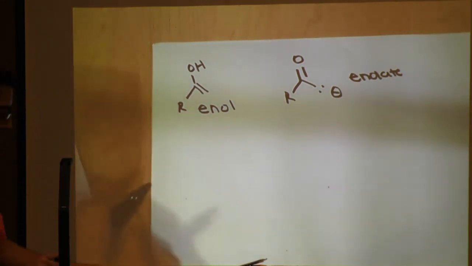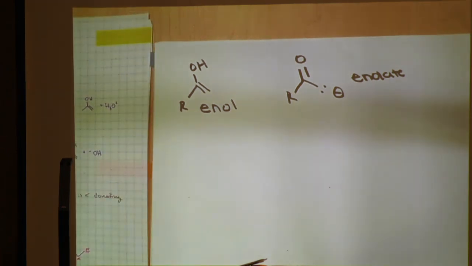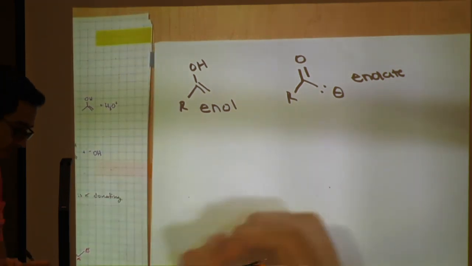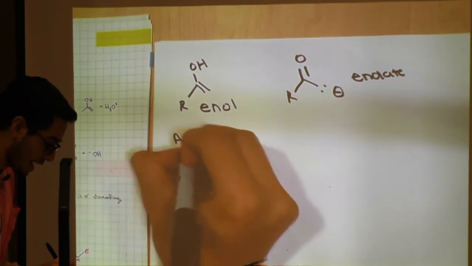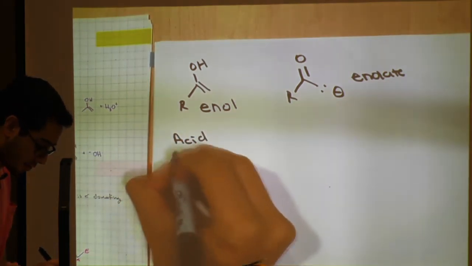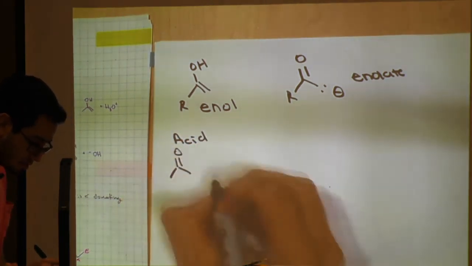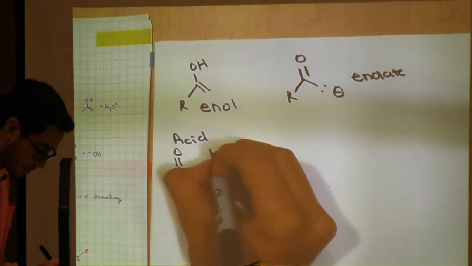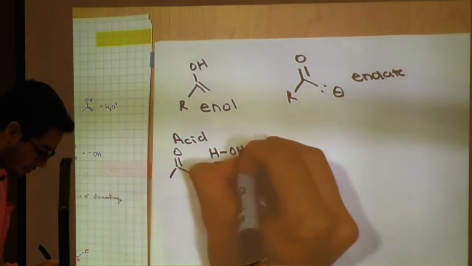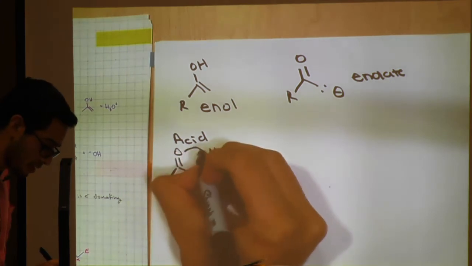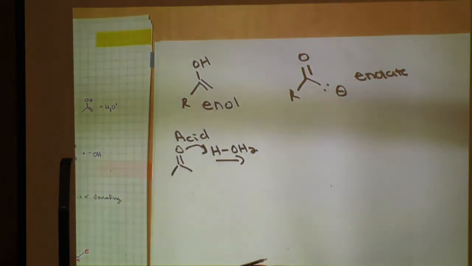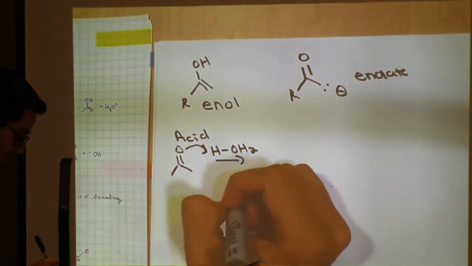So let's talk about tautomerization. How do we create enols based off if you're in acid or base? If we're in acid, again, we start with our carbonyl, and we're going to react that with hydronium. So in acid, the hydrogen gets pulled off of the acid straight onto the oxygen.